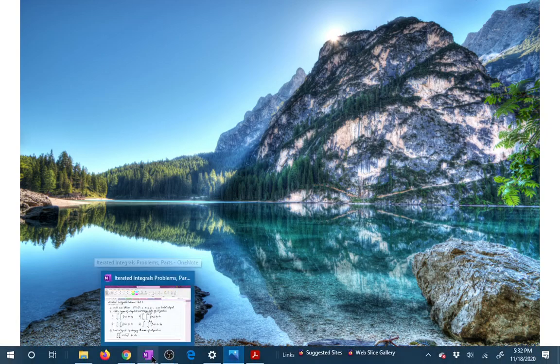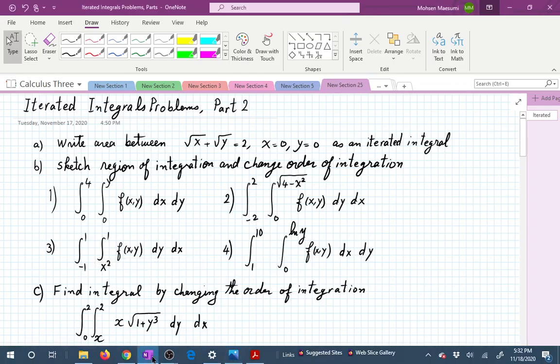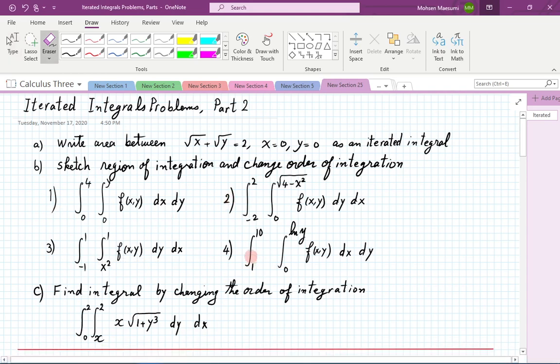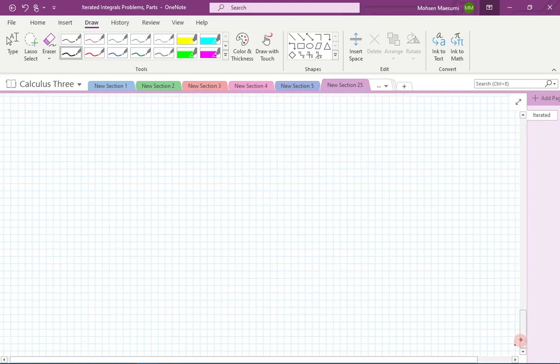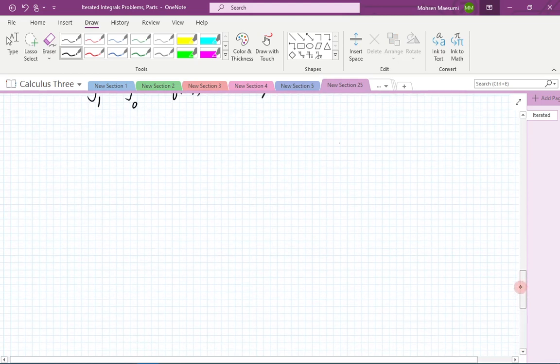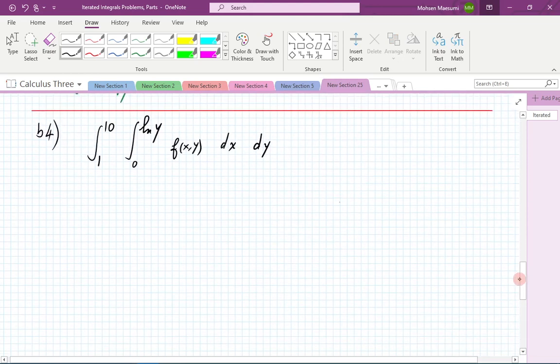So let's go back to this set of problems. We did A, B1, B2, B3. Going to do B4 and C now. So this problem B4.